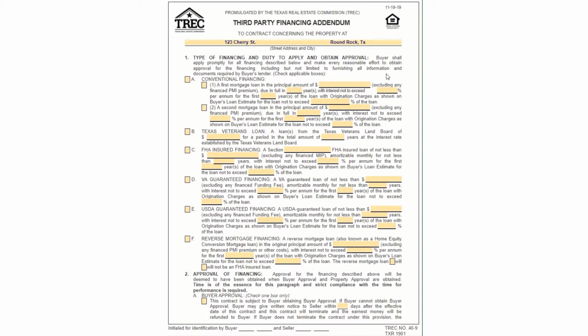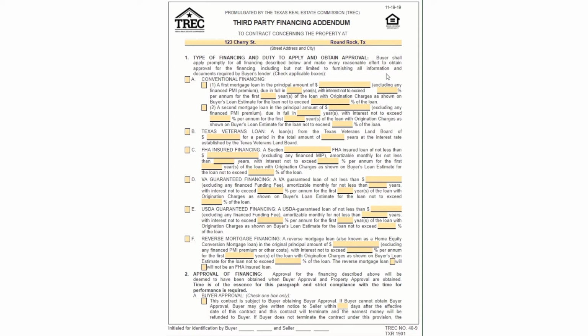So this paragraph does two things. 1, the buyer discloses to the seller what type of financing they're going to be seeking, and 2, it specifies that they shall promptly apply for all financing and make every reasonable effort to obtain approval for the financing, including furnishing all the information and documents the lender requires.